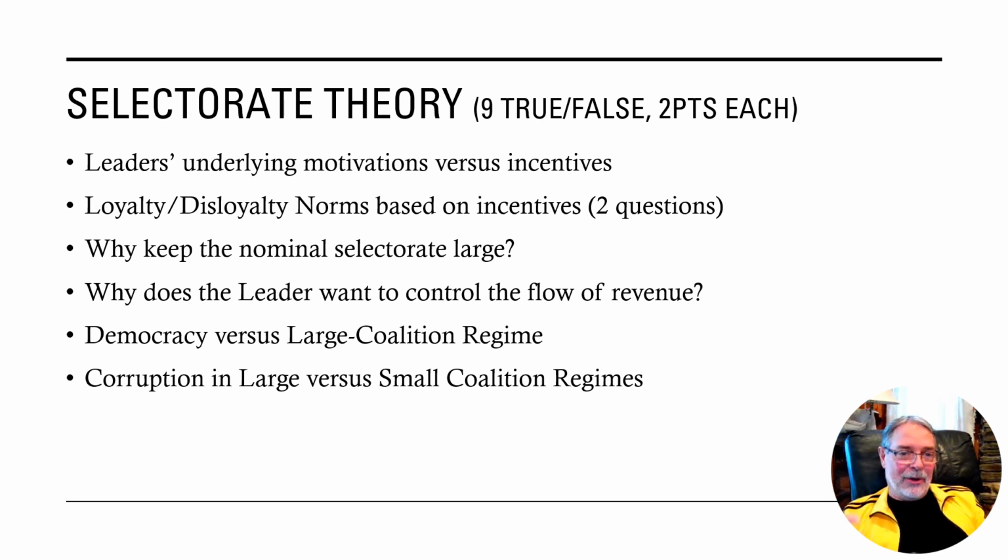So corruption can occur, and also because democracies tend to be more wealthy, Bueno de Mesquita and Smith argue that it's quite possible that the dollar value of corruption might dwarf that in dictatorships or small coalition regimes, because they tend to be poor, right? And so the dollar value of corruption in a large democracy like the United States could dwarf that of smaller countries, possibly even Russia, although it's so rife in Russia, it's hard to say.